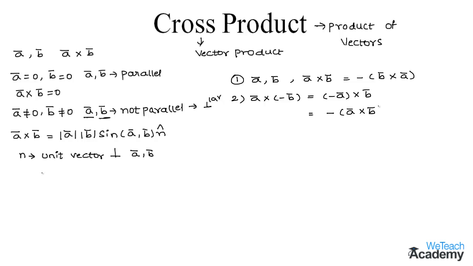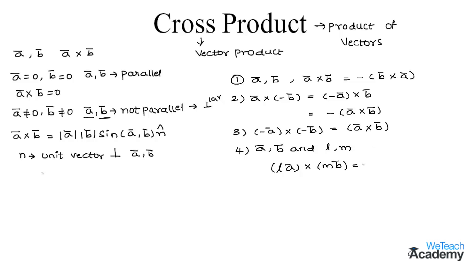The third property: minus a bar cross minus b bar is equal to a bar cross b bar. And at last, if a bar and b bar are two vectors and L and M are two scalars, then L a bar cross M b bar is equal to LM into a bar cross b bar.